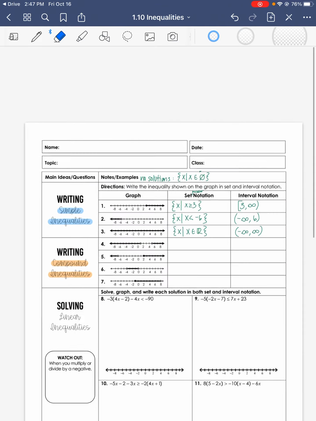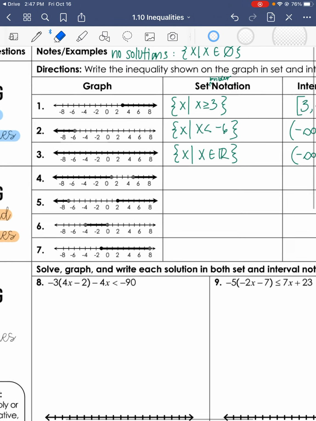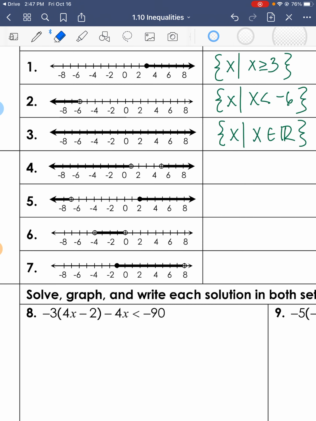So we just looked at the simple inequalities. Now we're going to look at compound inequalities. Compound inequalities are just when your solution set has more than one condition. So more than one inequality, and they are either of the "and" category, so this solution and this solution, meaning x has to be a member of this set and this other set.